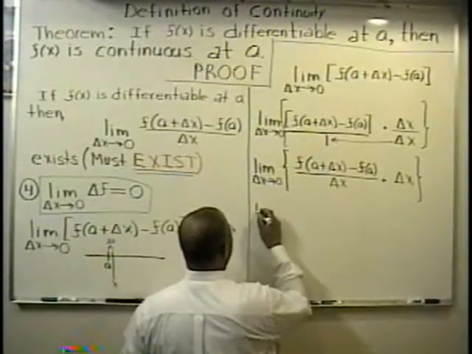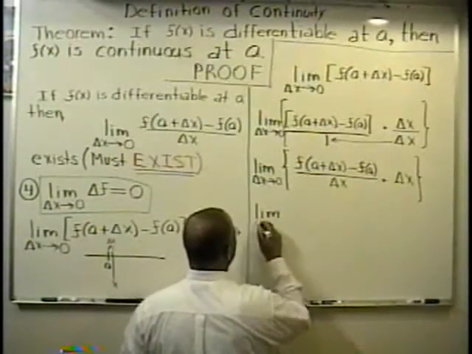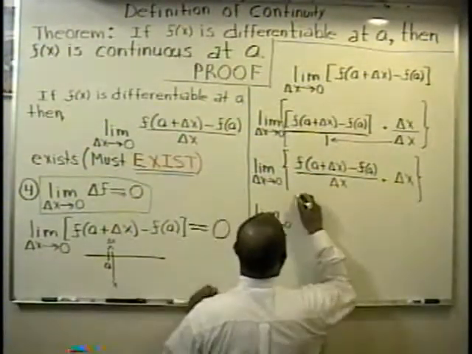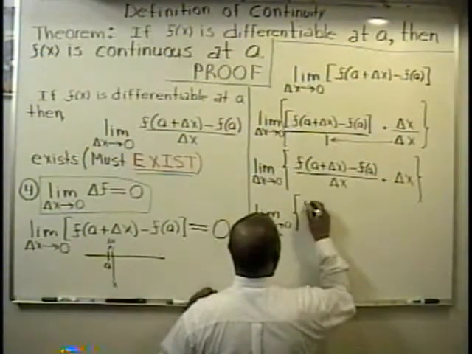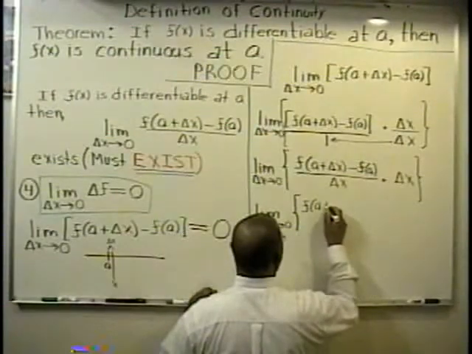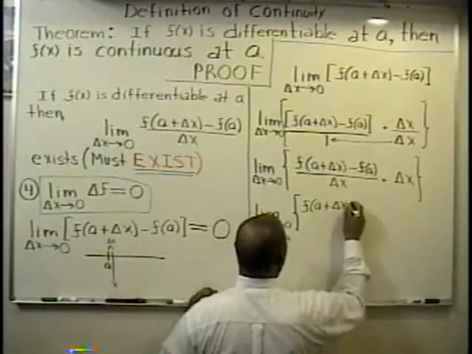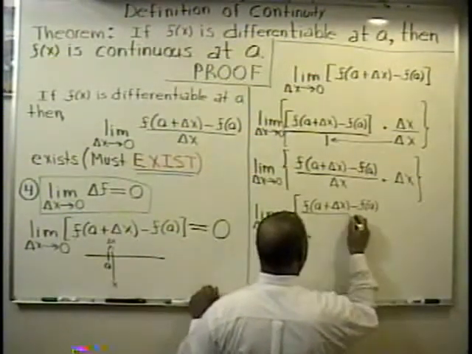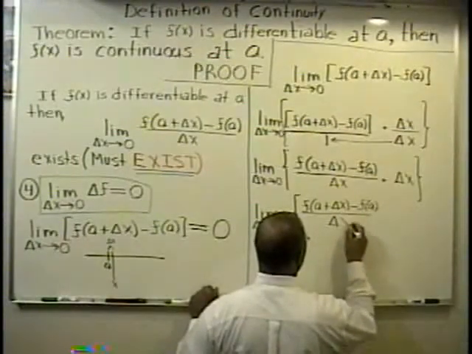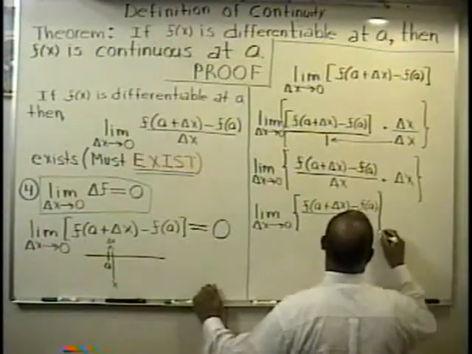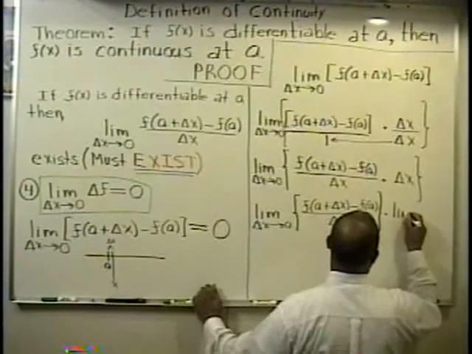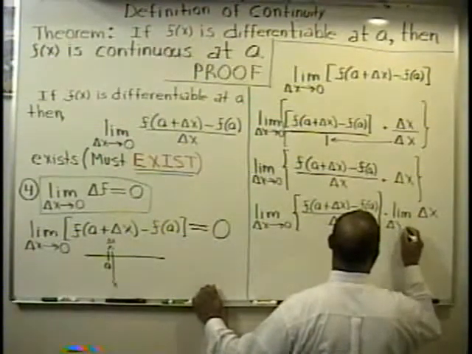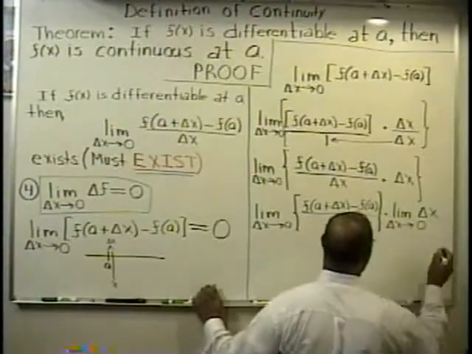So now I'm going to take the limit as delta x approaches 0 of f of a plus delta x minus f of a, divided by delta x, times the limit of delta x as delta x approaches 0.